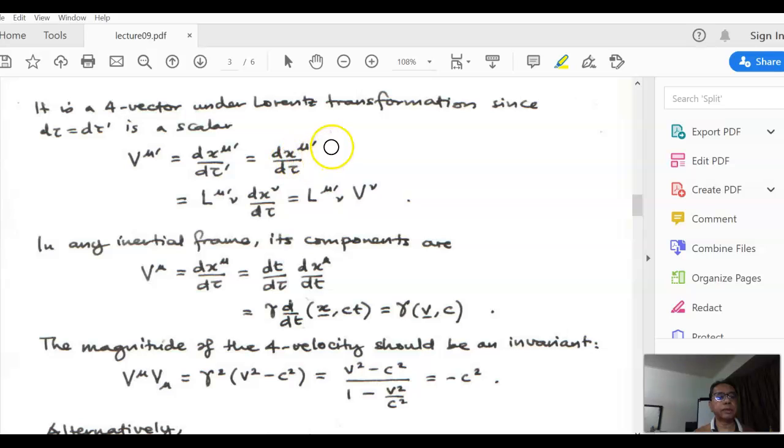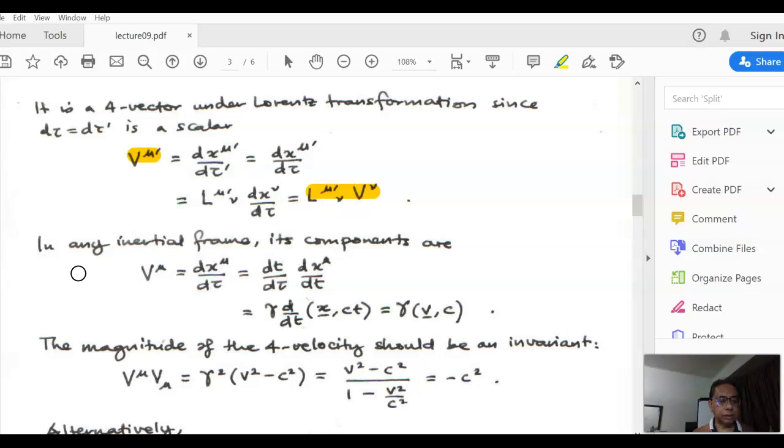Then in other words, the factor that changes under the coordinate change will be the one on the numerator, and that gives you the Lorentz matrix. Okay, thus you can see from here it transforms like a four vector.